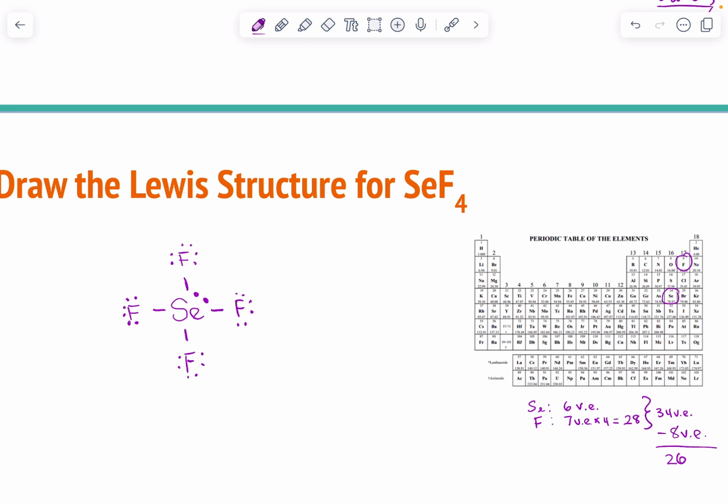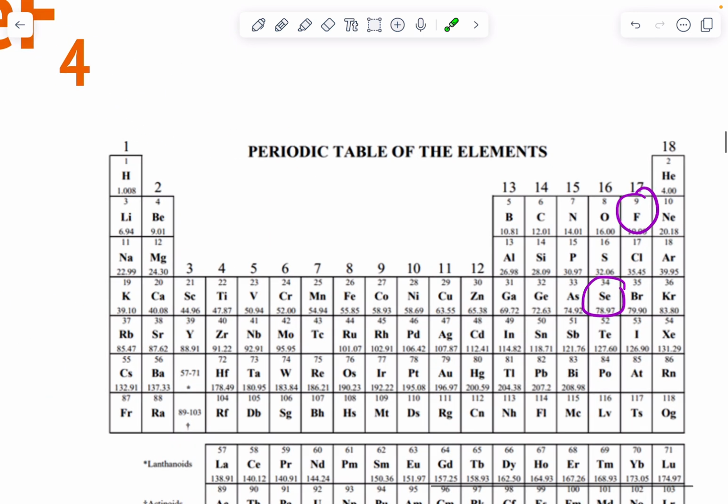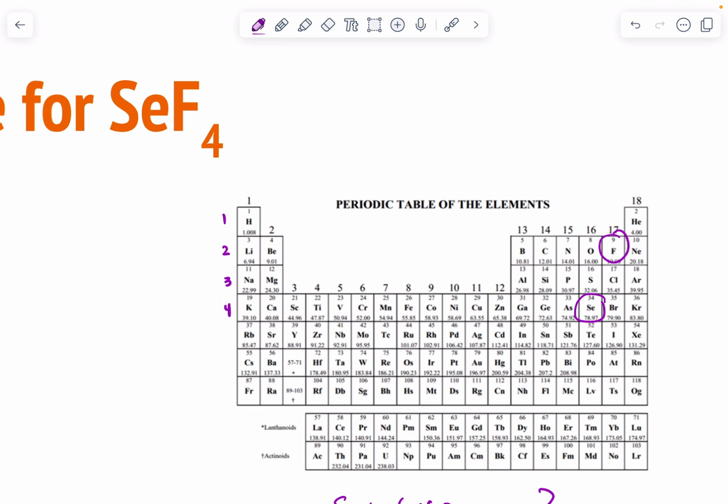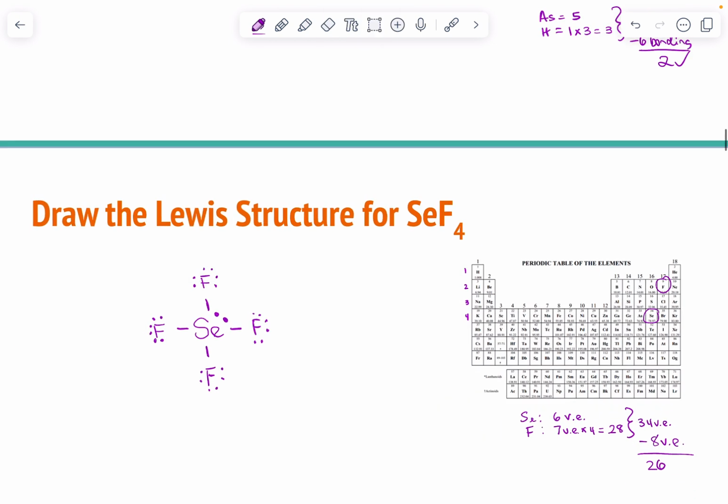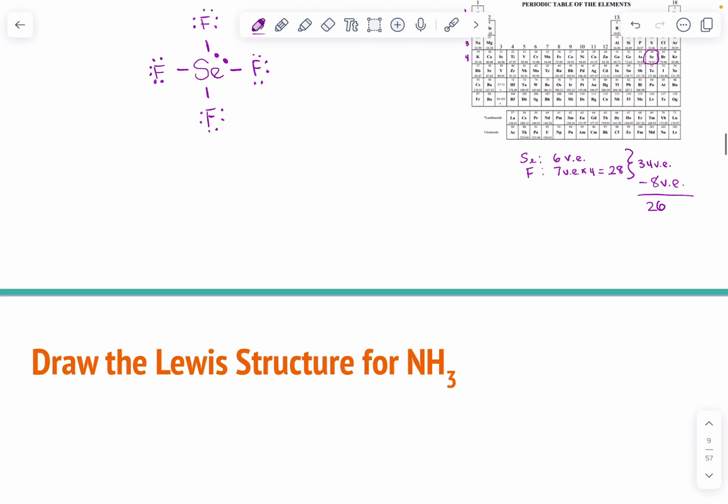Now, you'll notice that that gives selenium 5 pairs of electrons, or 10 total, okay? And that's okay, because we said that selenium is in period 4, so since it's after period 3, it is capable of having an expanded octet. And so that is the Lewis structure for SeF4.